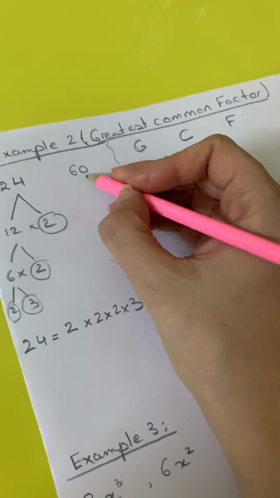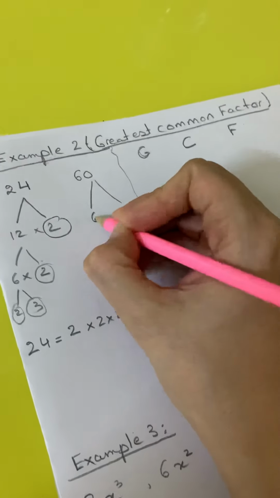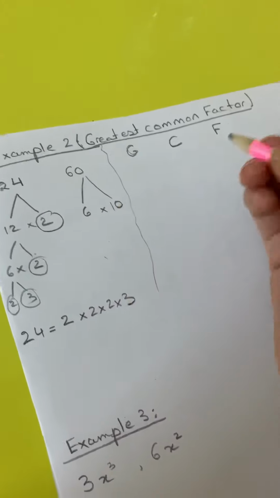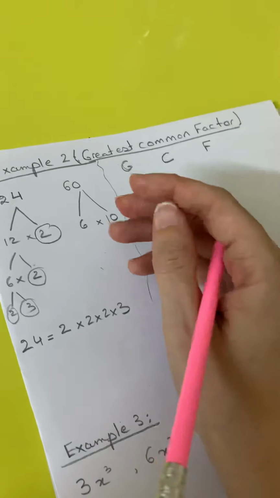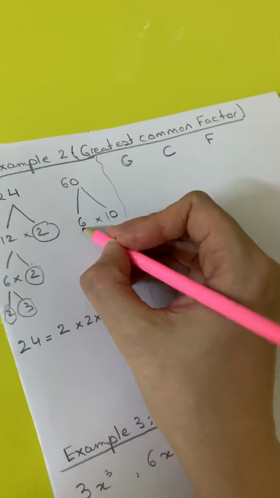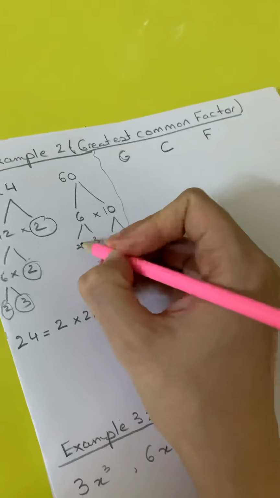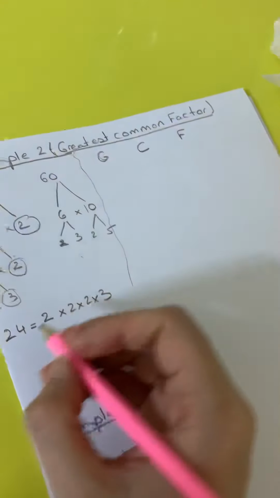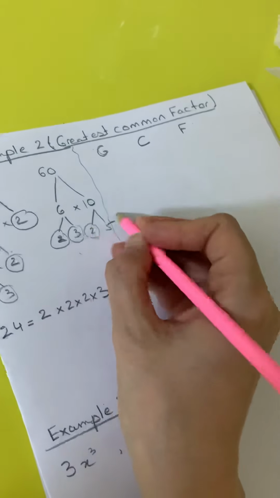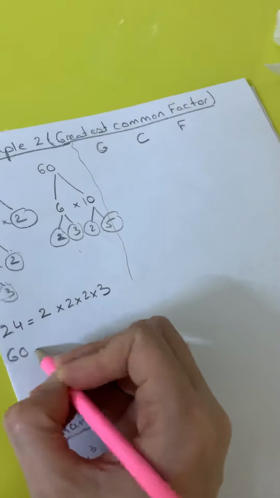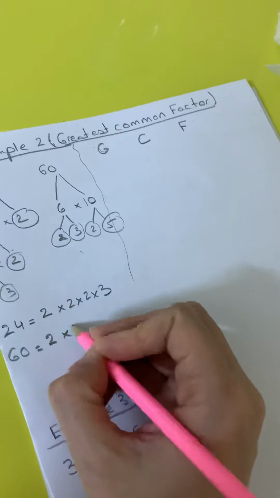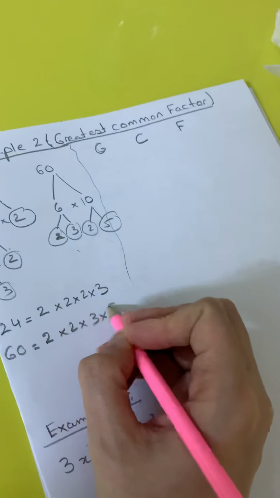Now for 60, we're going to do 6 times 10. Definitely you can start with a different way, like for example 4 times 15 can work. 6 is 2 times 3 and 10 is 2 times 5. So we're also going to stop here, and this is 60. 2 times 2 times 3 times 5.